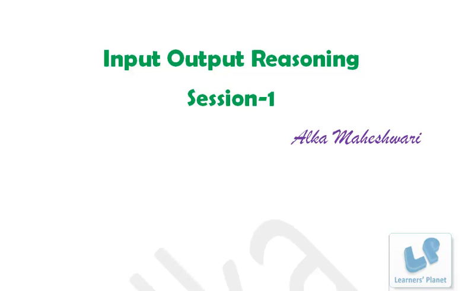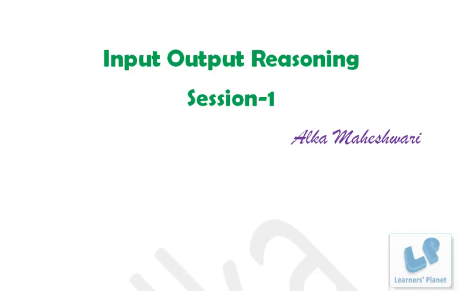Friends, problems are not that difficult, but sometimes they take a good amount of time to get solved. And surely time is a big constraint in all competitive exams. So we should have enough exposure to solve these sorts of problems, right? There are various patterns of input and output, maybe numeric patterns, maybe shifting, alphabetic, various other patterns.